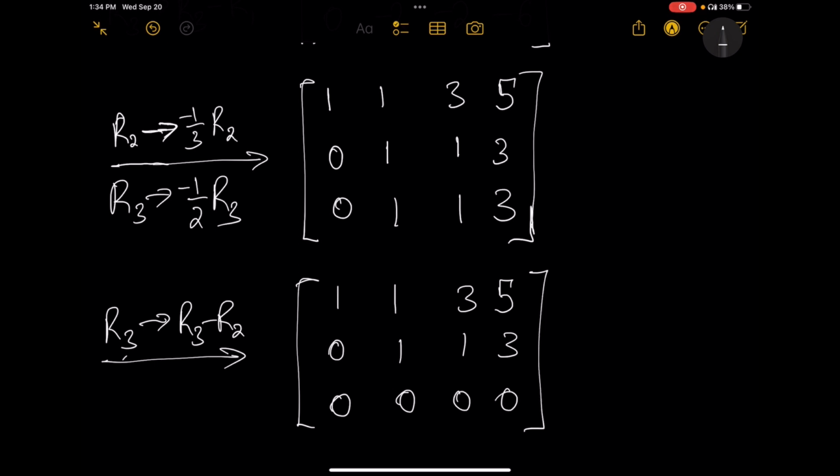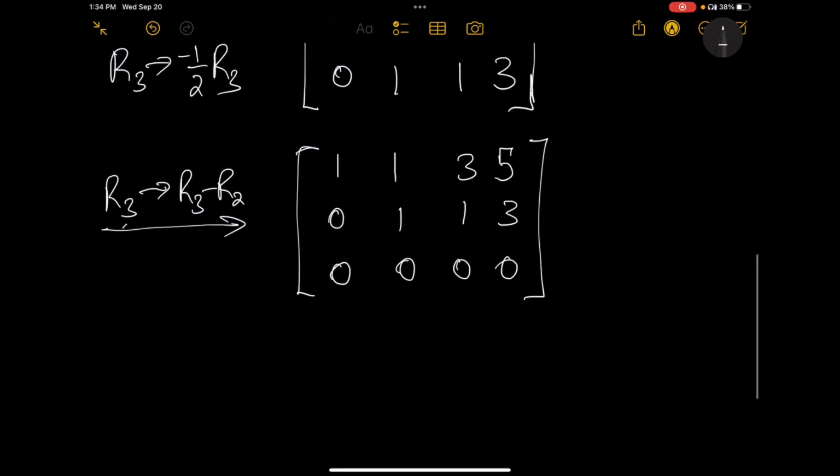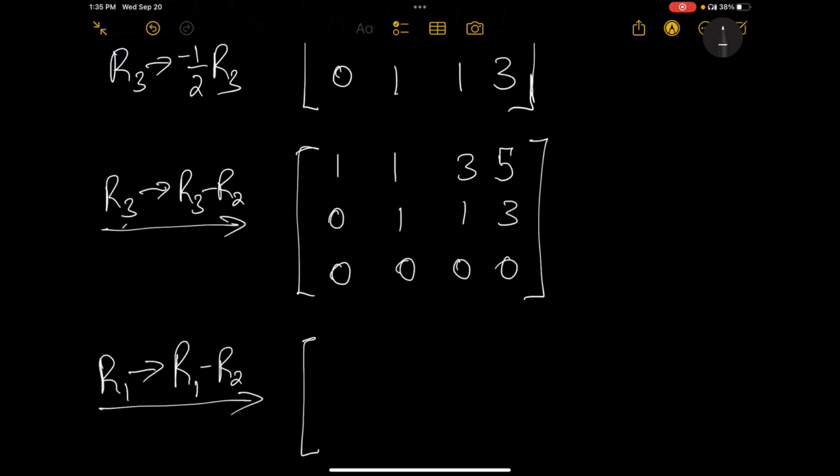Then to change to reduced echelon form, row 1 goes to row 1 minus row 2. So row 1 becomes 1 minus 0 is 1, 1 minus 1 is 0, 3 minus 1 is 2, 5 minus 3 is 2. Row 2 is 0 1 1 3, and row 3 is 0 0 0 0.